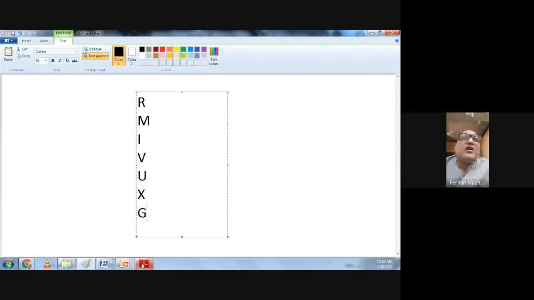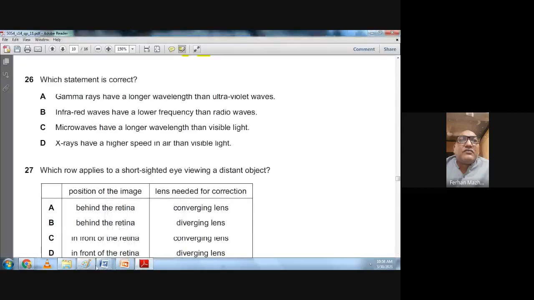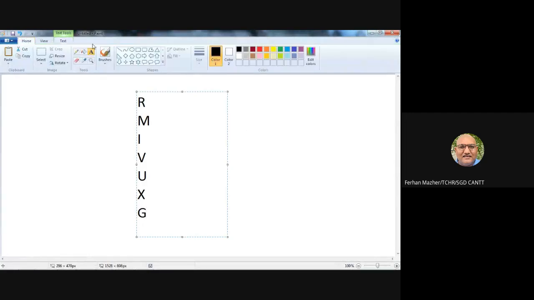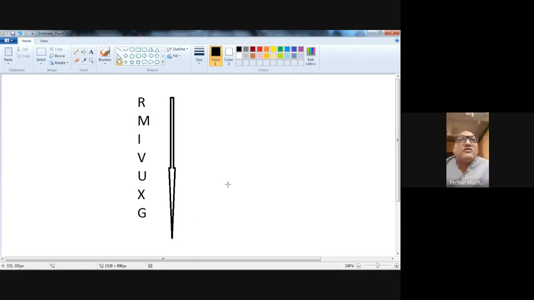Okay. Now, as you move down in this order, the frequency will increase and the wavelength will decrease.